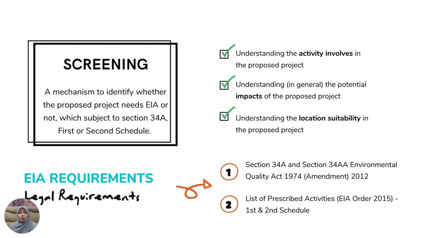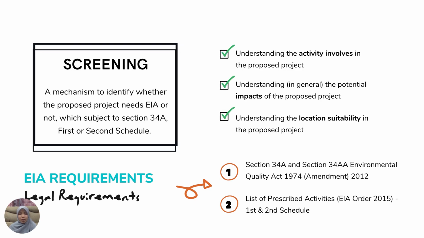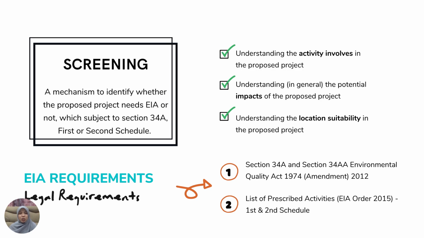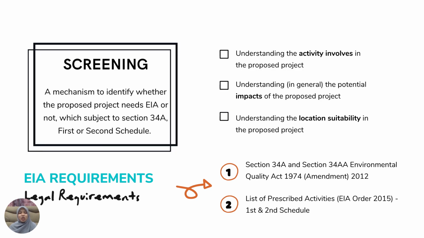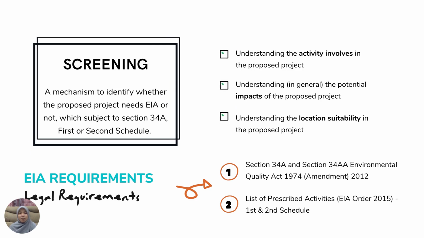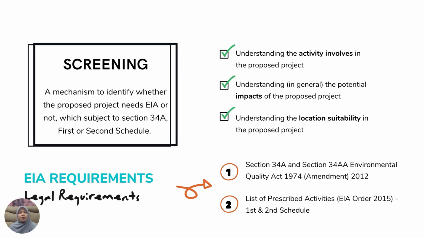So for the EIA requirements, we need to know that there is a legal requirement that we need to obey, which is Section 34A and Section 34AA of the Environmental Quality Act 1974, Amendment 2012.